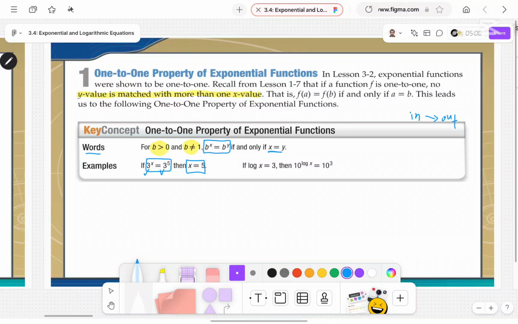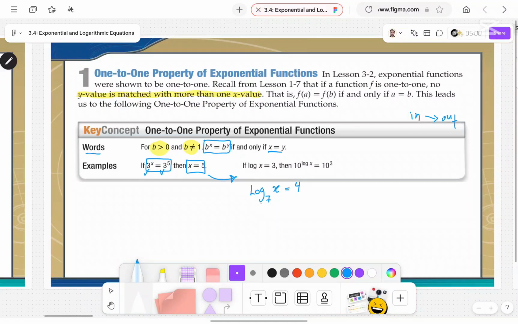Same thing for the inverse. If we do the inverse for this one, when I have log x equal 3, we can raise both sides to the power of 10: 10 to the power of log x equals 10 to the power of 3. For example, let's say I have log base 7 of x equals 4. How can I solve this?